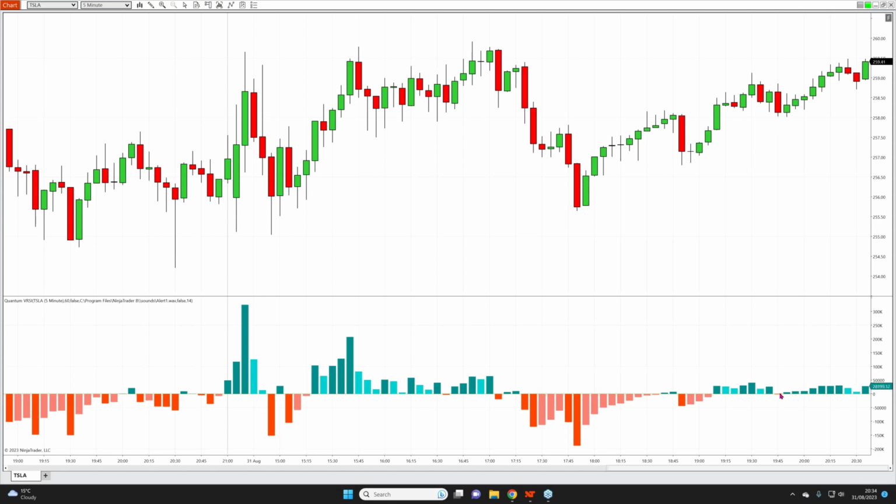What this is doing is also confirming that, because it's really not telling us to worry about this for the time being. We're not seeing any significant pressure to the downside. Yes, there is a bit of a pause. Yes, there are a couple of red bars there, but it's really not converting to anything. So don't panic.